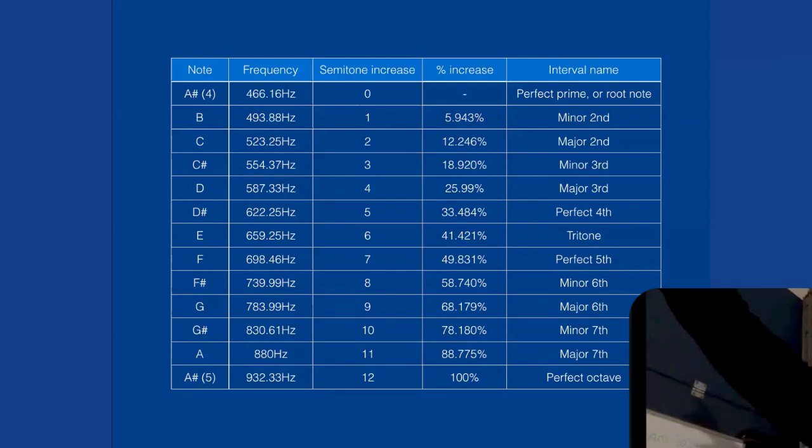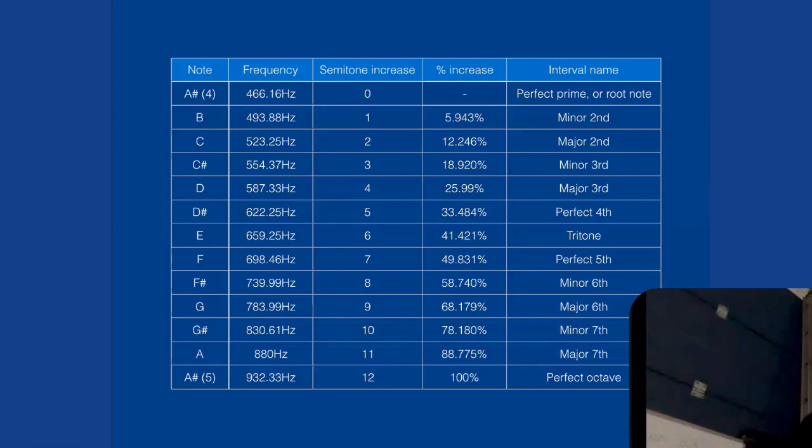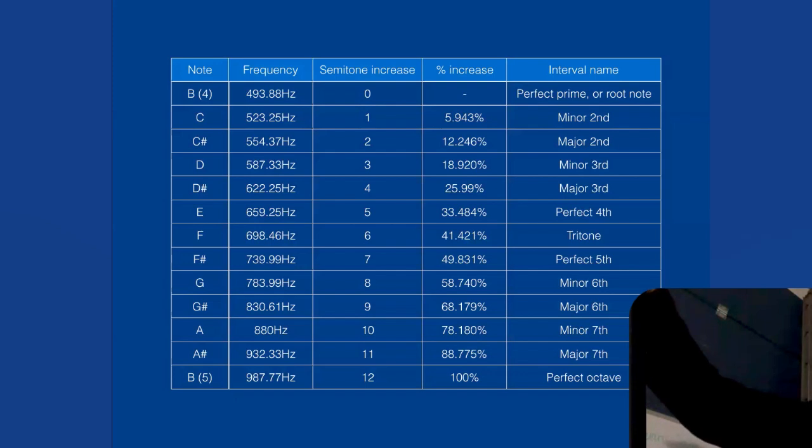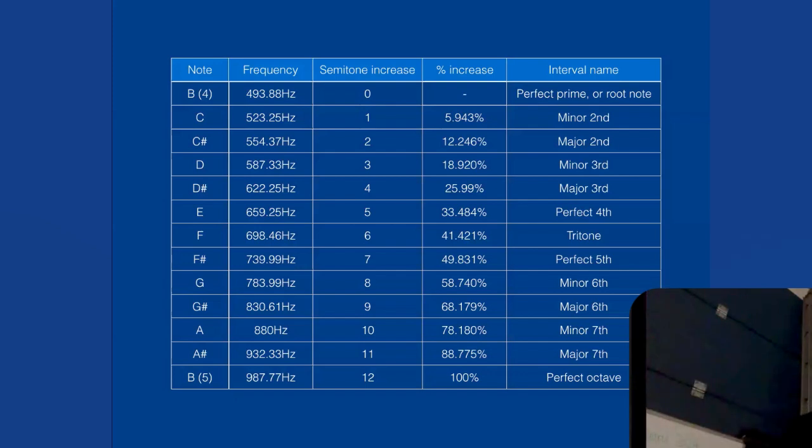So the A sharp there is 466.16, and at the bottom, it's 932.33, which is double. And then we can work out the same for the B: 493.88, 987.77. This is, by the way, using the same incremental, so this works out all of the frequencies of the notes through all of this octave.